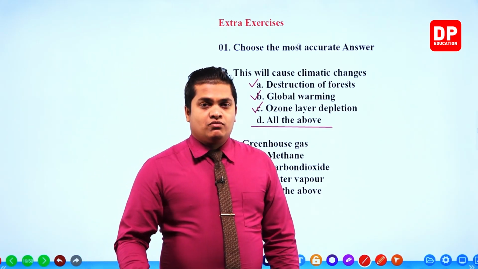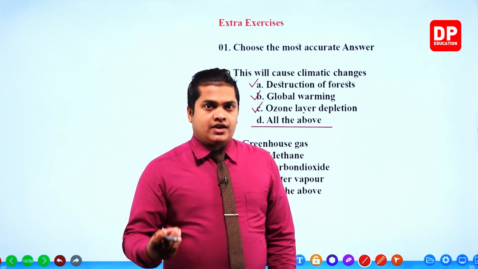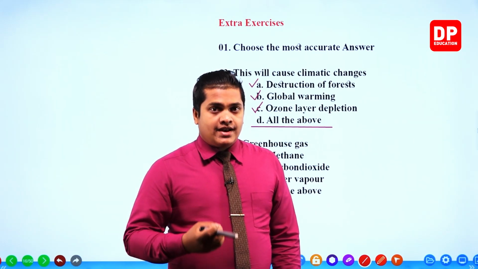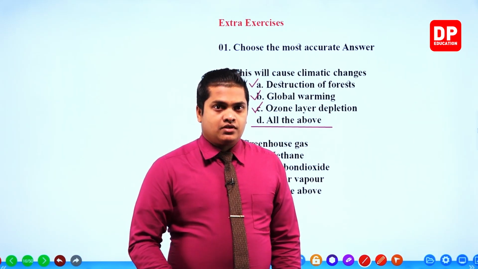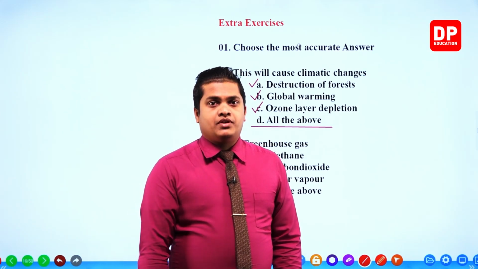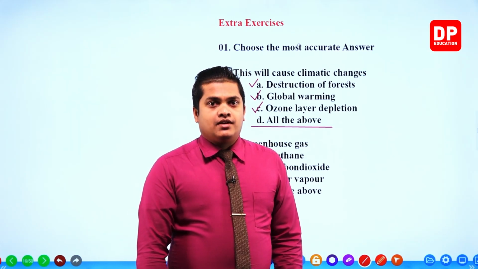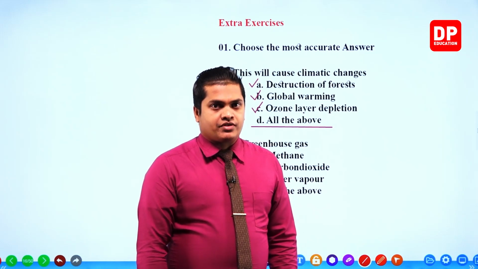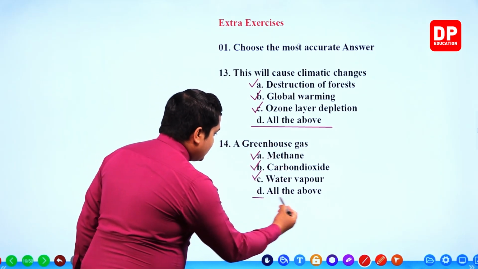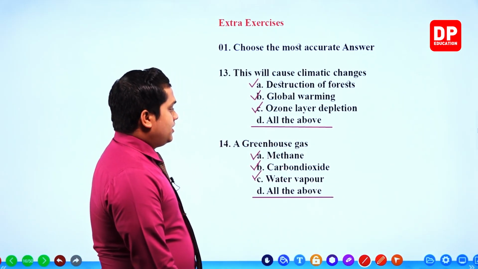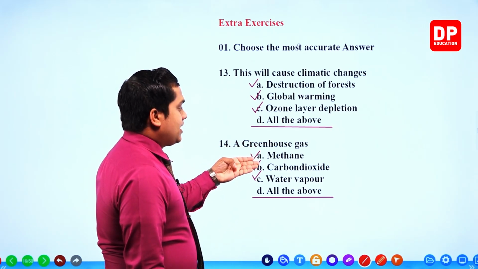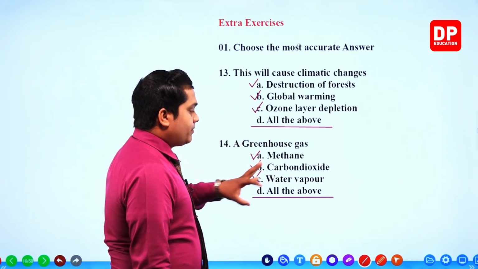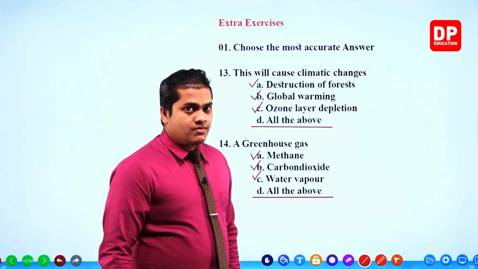Water vapor can absorb solar radiation, and it can also re-radiate it towards our earth. So water vapor is also considered as a greenhouse gas, my dear children. Okay, so all of these things are greenhouse gases, right? Some might think that methane and carbon dioxide only. No, no, no. Water vapor is also a greenhouse gas, remember.